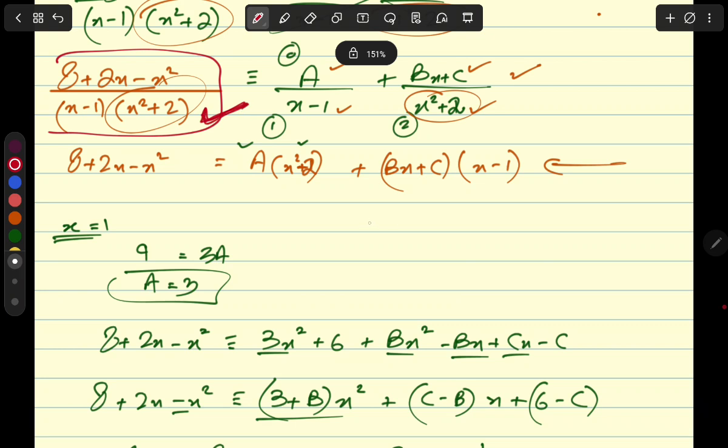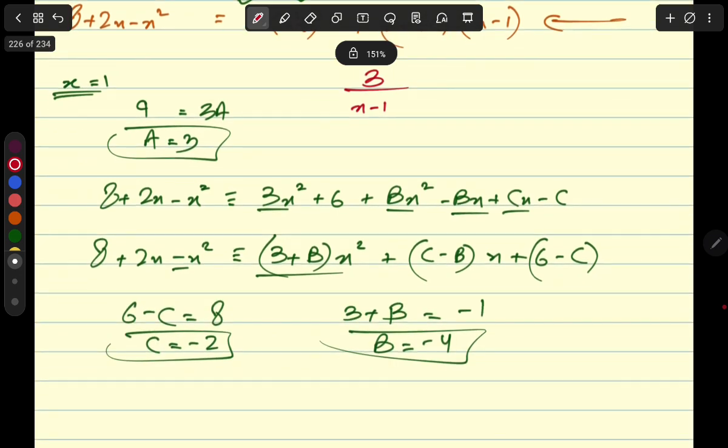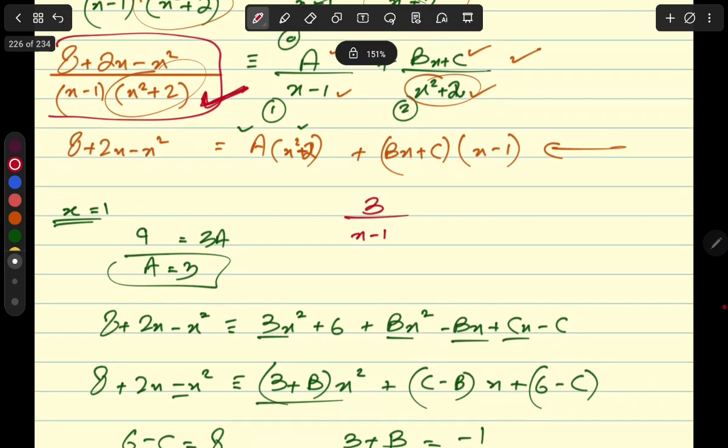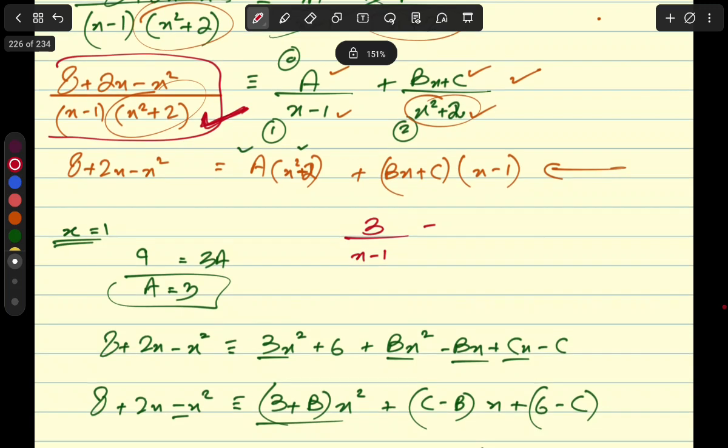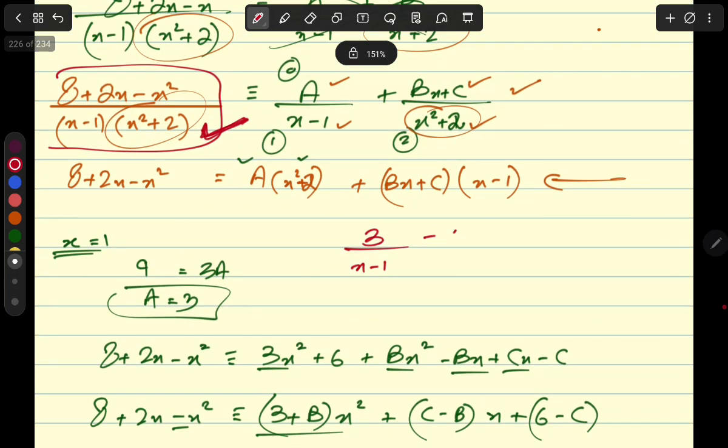The left hand side can be rewritten as 3 upon x minus 1 plus the values of b and c, where b is minus 4 and c is minus 2. So I can take the minus sign common. My b is 4 and c is 2. So minus 4x plus 2 upon x squared plus 2. This is how you are going to do it, right?